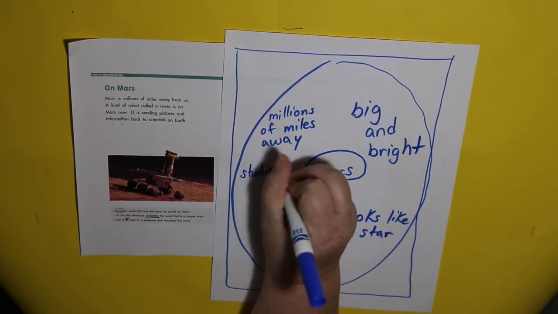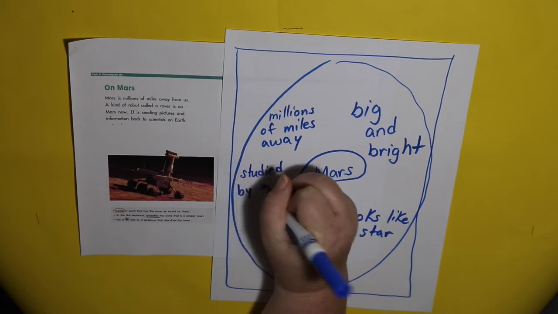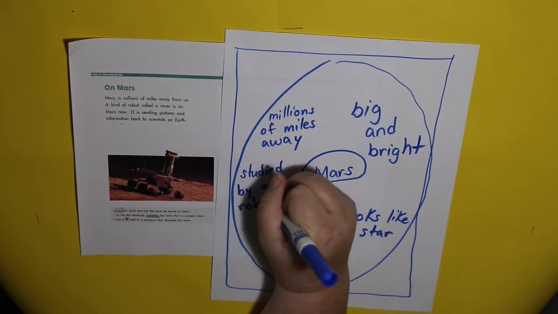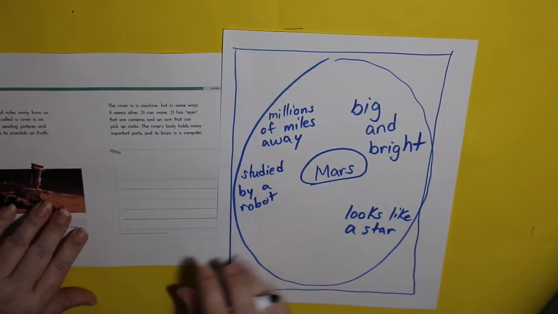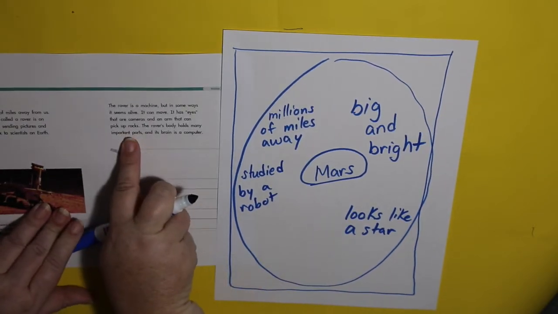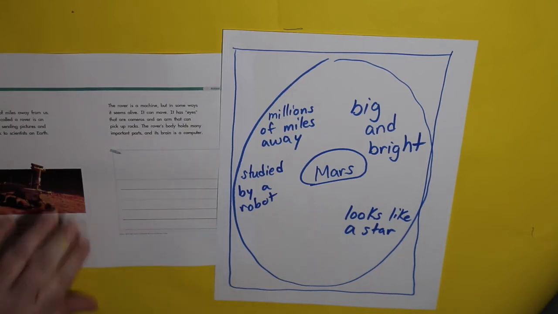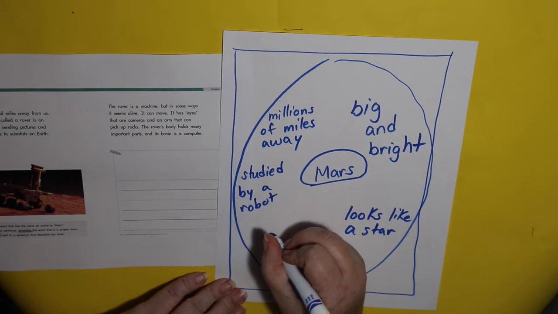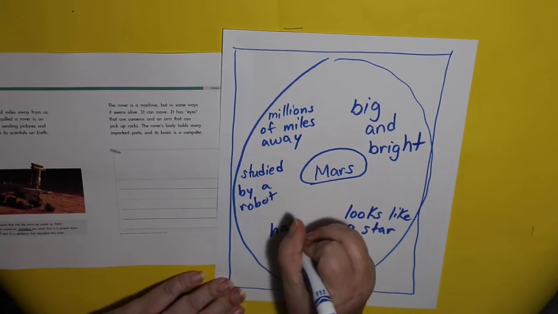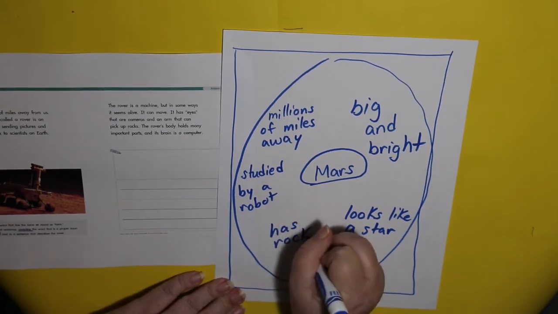So it's studied by a robot. And what does that robot do? It can pick up, what does it pick up? It picks up rocks. So that tells me that Mars must have rocks on it, just like Earth does. So I'm going to write it has rocks.